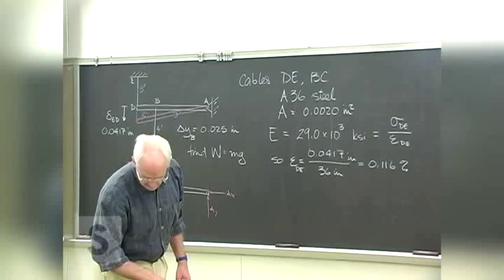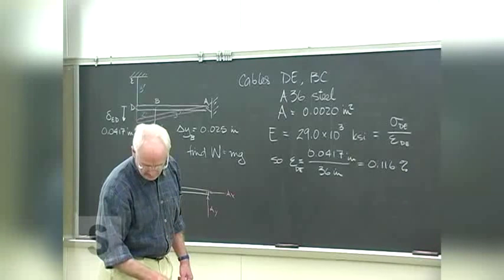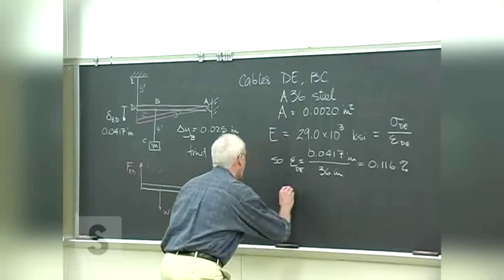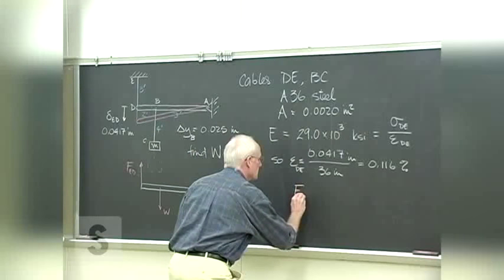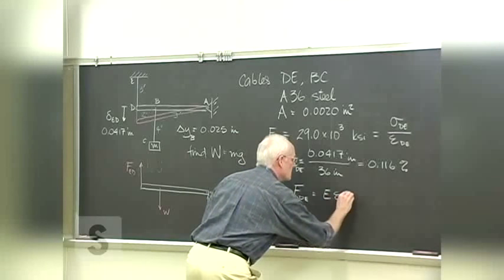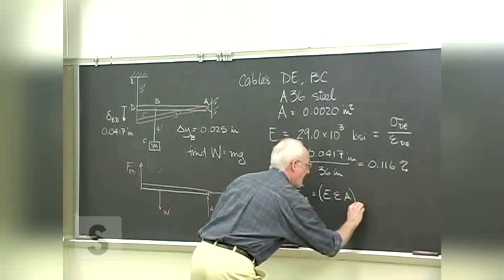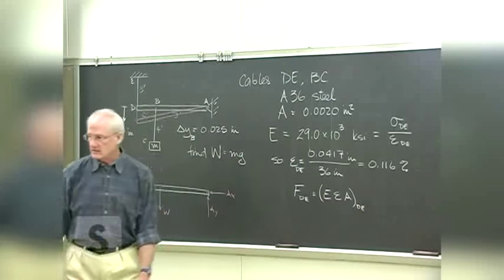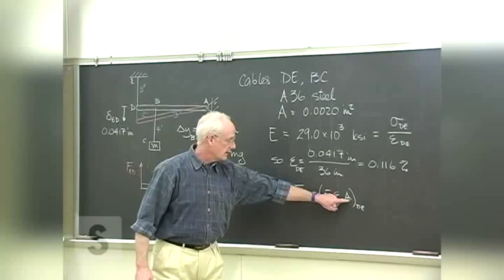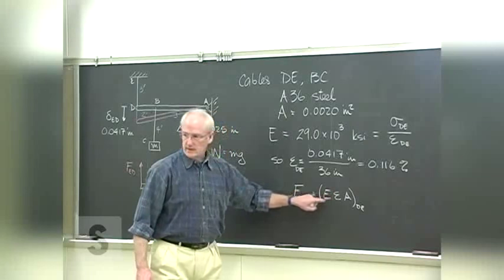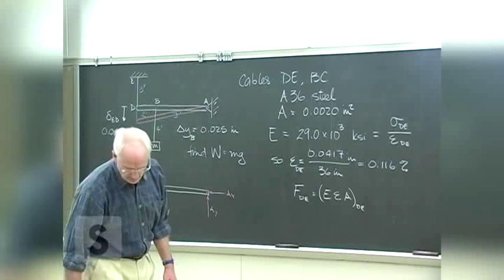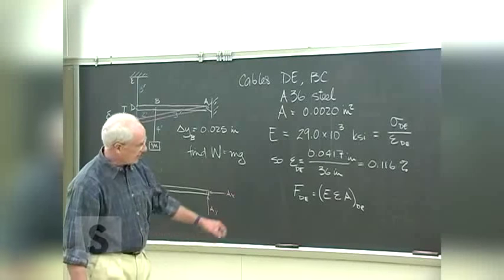I didn't calculate the stress separately because the force in DE solves when you solve for the load. It's force over area, and then the strain, and the ratio of the stress and the strain is the modulus of elasticity. So I don't separately have the stress, but I do have this number.